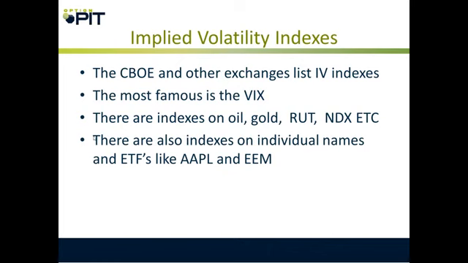All right, so let's talk about implied volatility indexes. So how many of you, what main broker do you guys use for the most part? So I'm seeing a combo of TradeStation, Thinkorswim, IB, Fidelity, Lightspeed, TradeHawk, a whole lot of different ones.